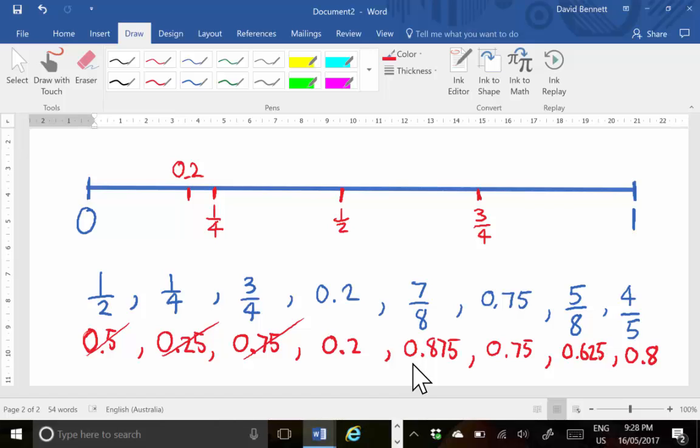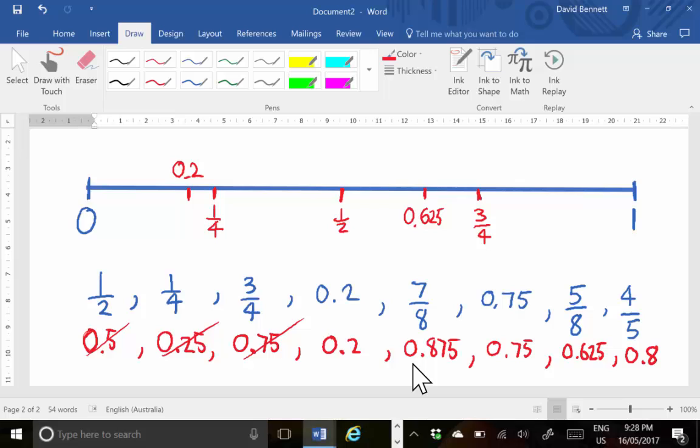Now we know over here that's 0.75. Now 0.625 is probably going to be almost halfway, not quite halfway, between there, so I'm having an estimate there. And then you've got your 0.8 and then your 0.875.